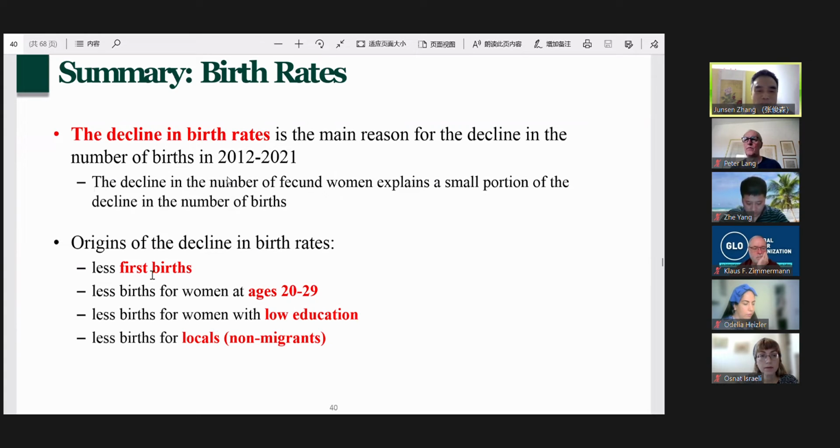Now, demographically, regarding the origin of the decline in birth rate, we find less first births, less births for women at age 20 to 29, and less births for women with low education. This is quite surprising. Traditionally, we might think women with low education have a lot of children, but not so anymore in China. And also less births for local non-migrants.